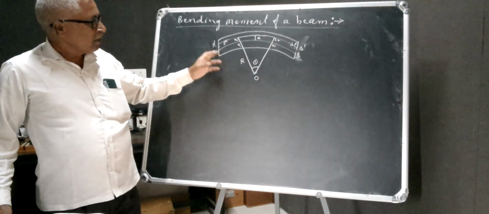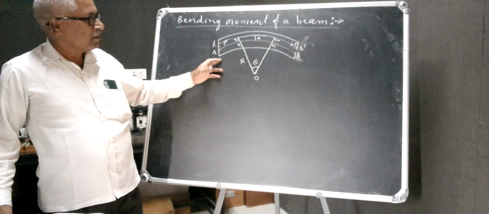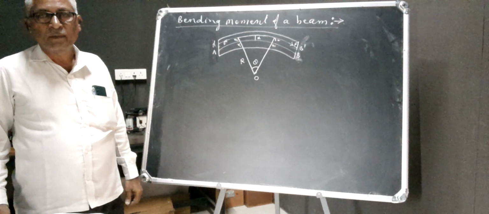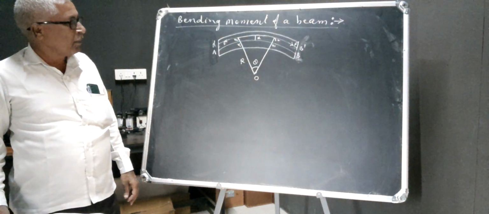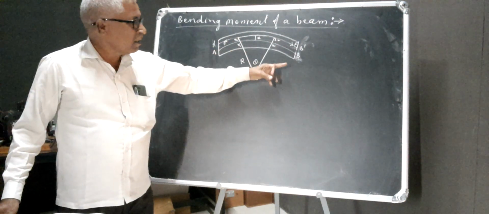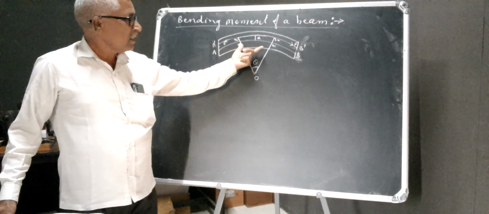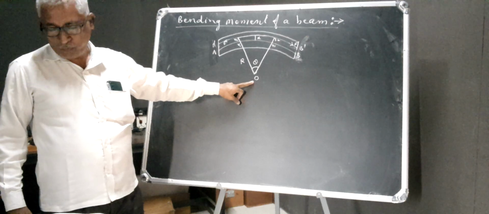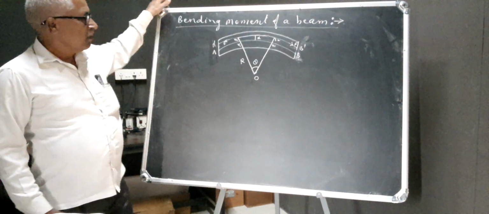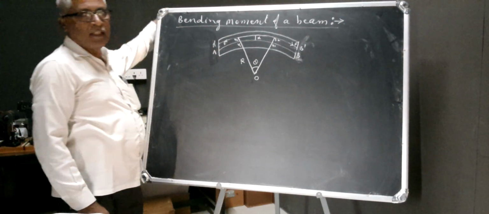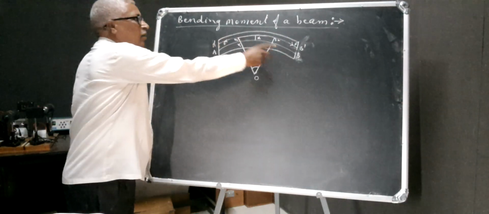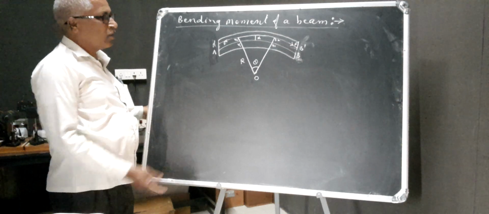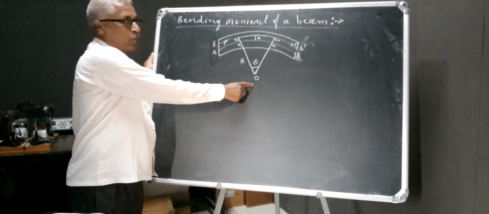After bending, the beam forms an arc, and this arc is an arc of a circle whose center is O.